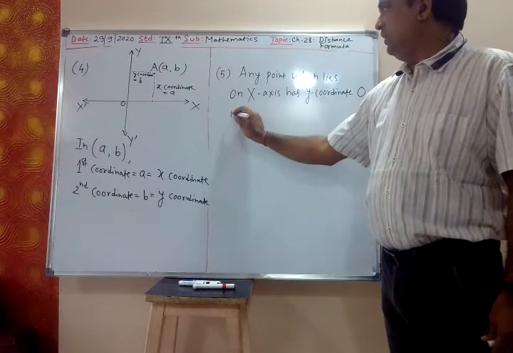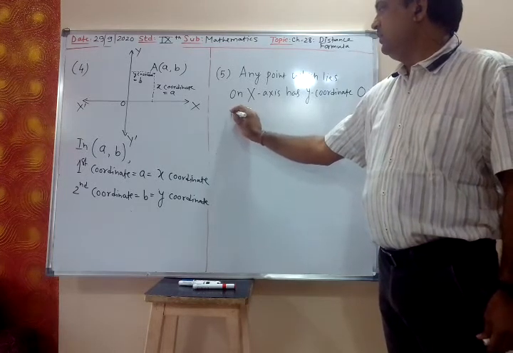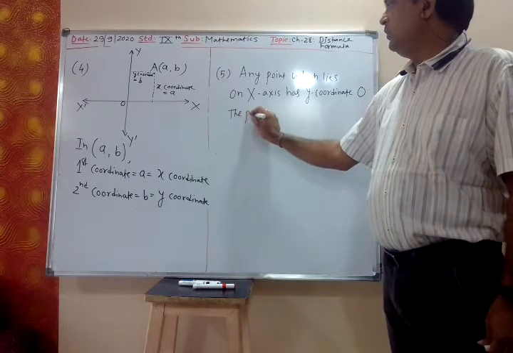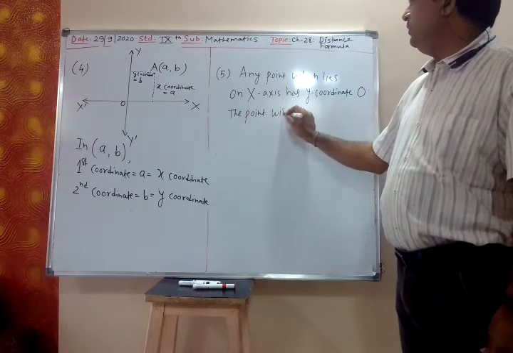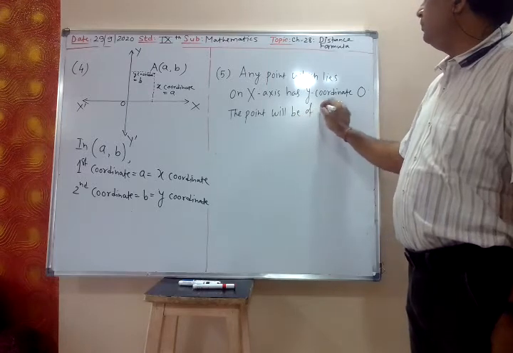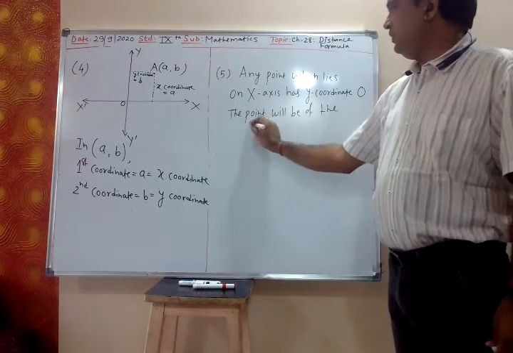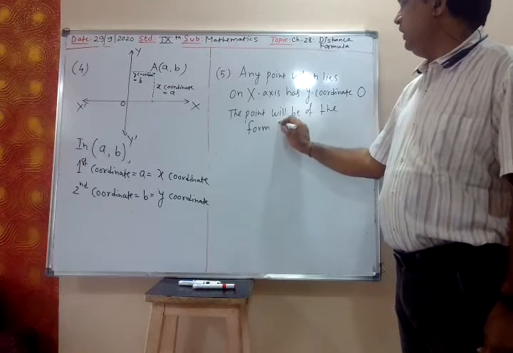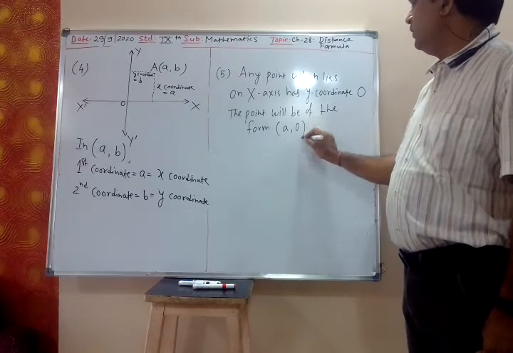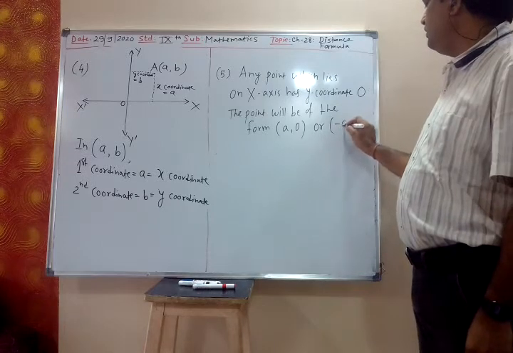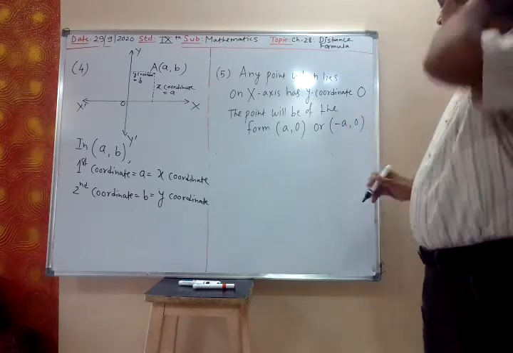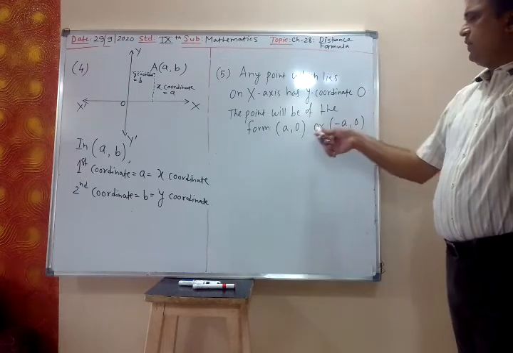I am explaining. The point will be of the form A comma 0 or minus A comma 0, because the second coordinate is 0.